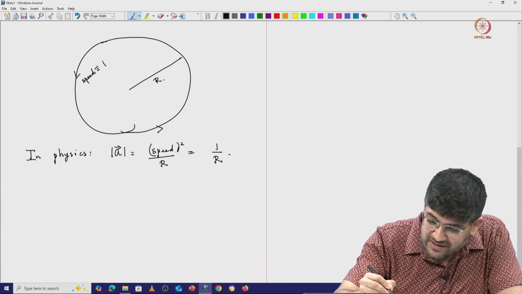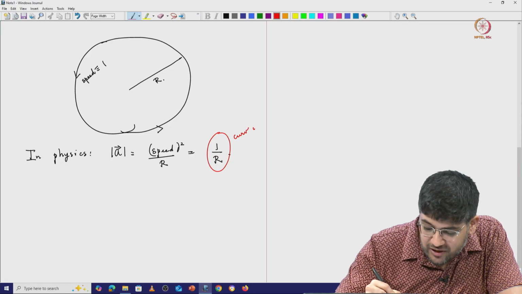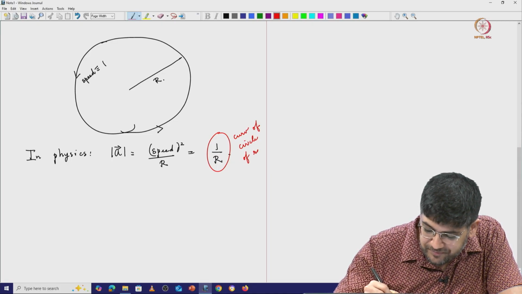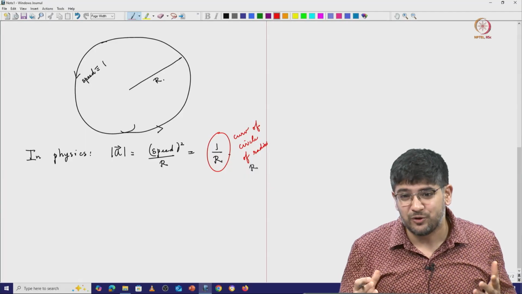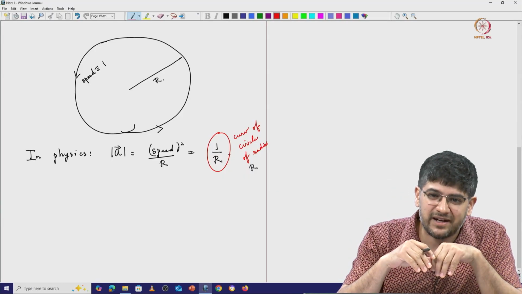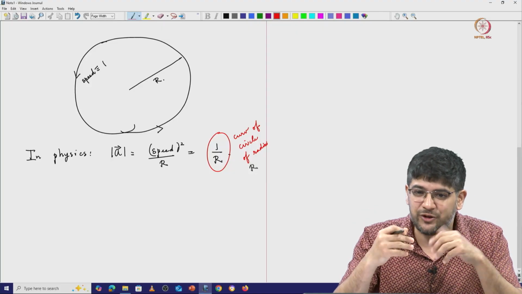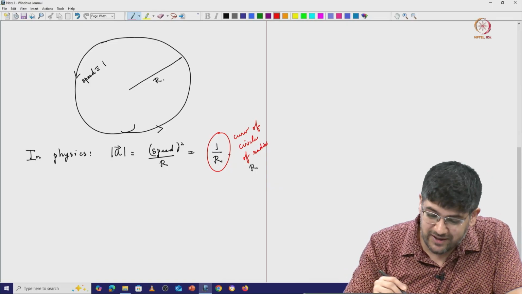So in some sense this factor 1 by r is like the curvature of my circle of radius r. So this motivates the definition for the magnitude of the curvature. I basically just take my arc length parametrized curve and calculate the magnitude of the acceleration and call that the magnitude of the curvature. Okay, so that's one thing.